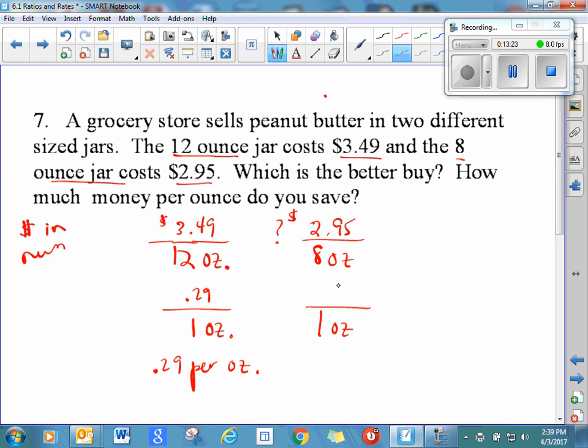The second option, 2.95 divided by 8, and you get 0.37 rounded up, 37 cents per ounce. So going just on price, just on the unit rate, we would say that this 12-ounce jar is the better value. And we'll talk a little bit more about that in class.